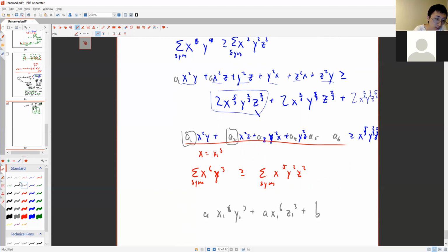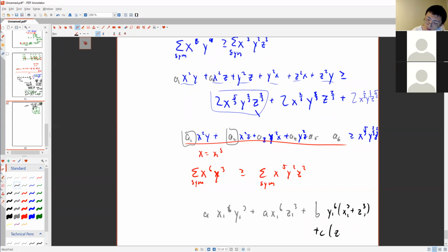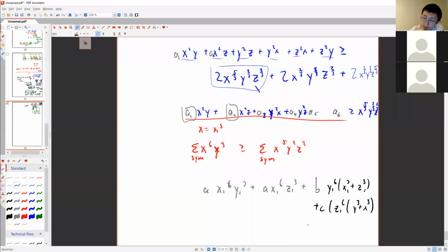So b, let's change to y to the 6 x, plus c. And then this is bigger than, let's say, the term x to the 5th y squared z squared.